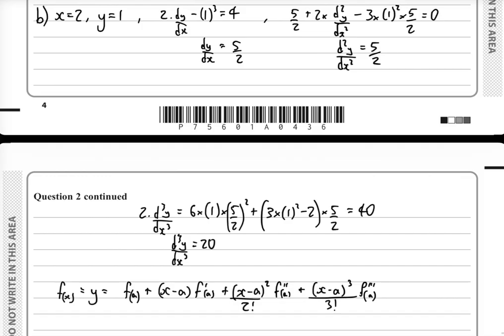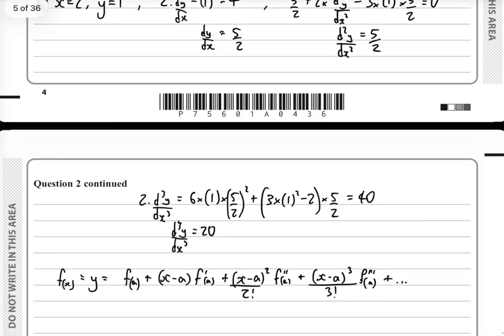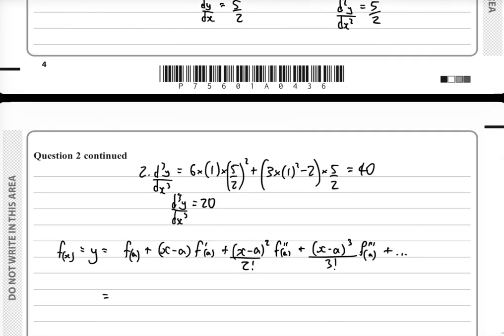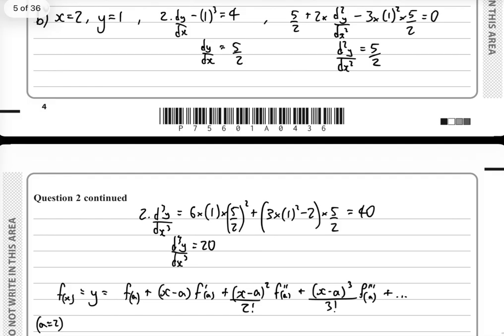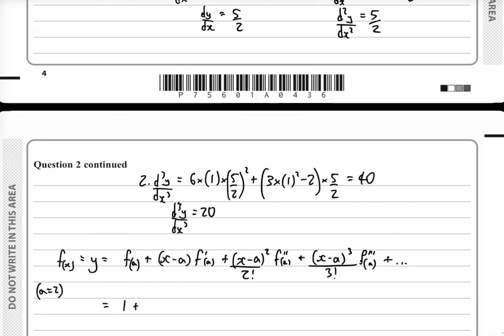All of this information we've already got. The function when x equals 2, this is all happening where a is equal to 2, at the top of the screen there we were told is 1 in the question. Then x minus 2 times the first derivative was 5 over 2 plus x minus 2 squared over 2 times 5 over 2 again plus x minus 2 cubed over 6 times 20.